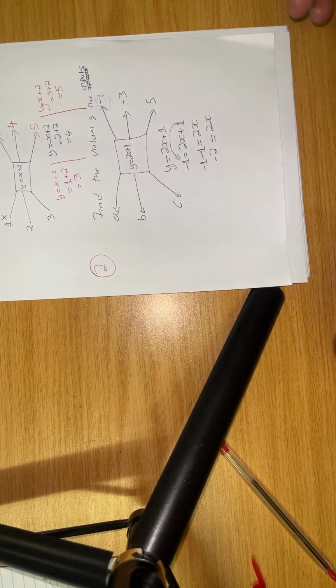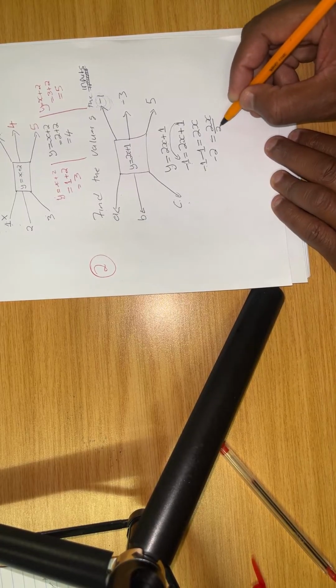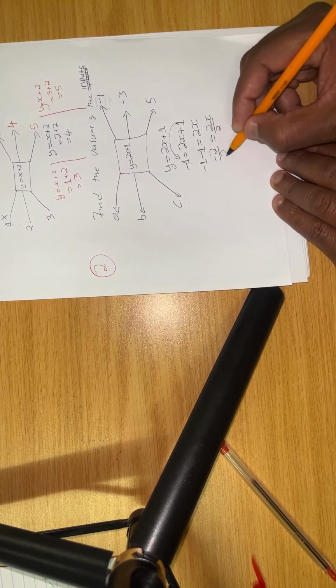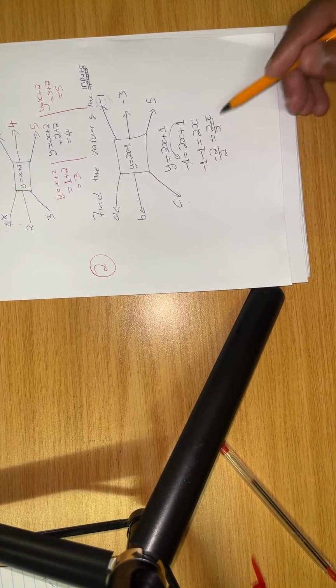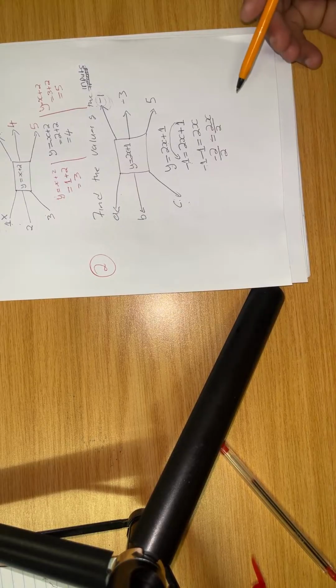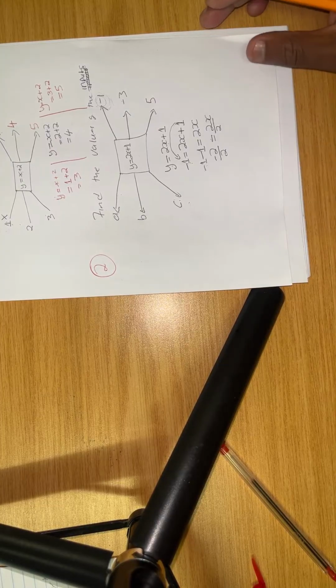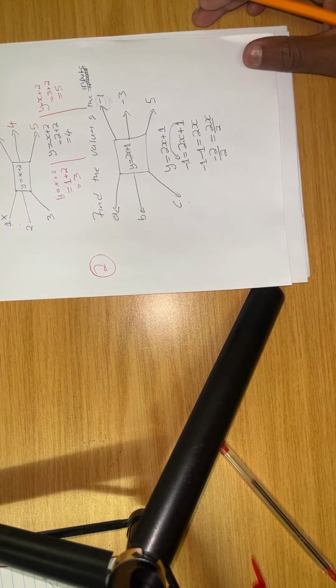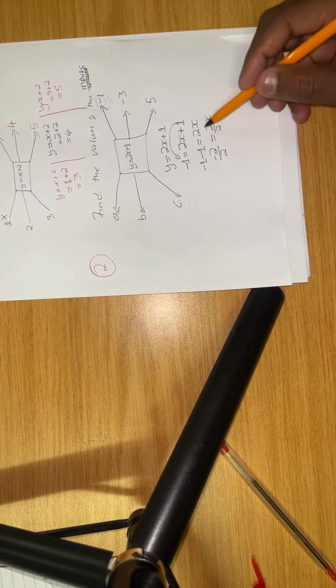So solving for x, now you can just divide by 2 both sides. We've been solving for x since we started this term, so I believe that you know how to solve for x.